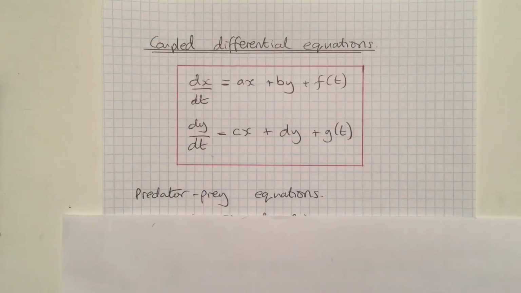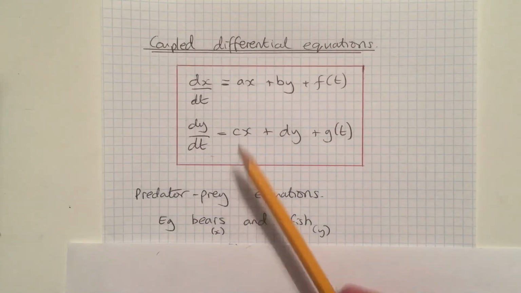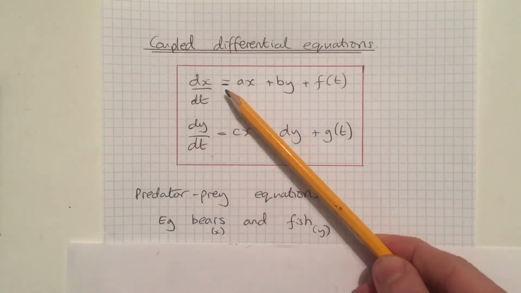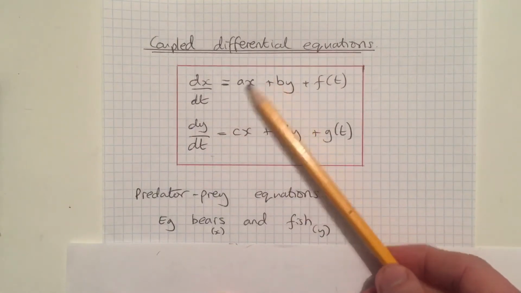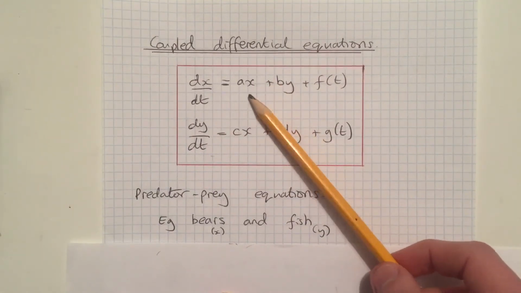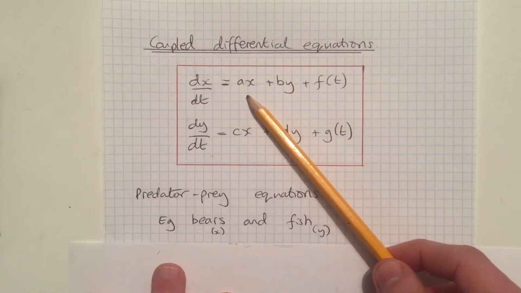For example, we could talk about bears and fish. If we said that the number of bears is x and the number of fish is y, then that would mean that the rate of change of bears is proportional to the number of bears that there are, which should make sense because obviously if there's more bears, there's going to be more bears reproducing.